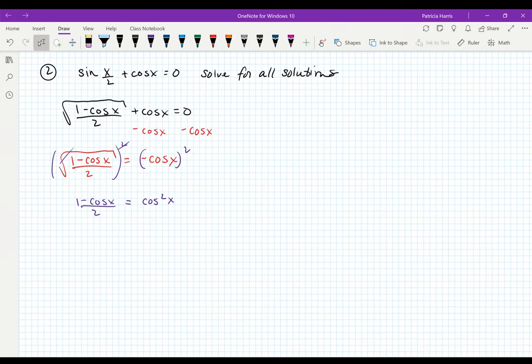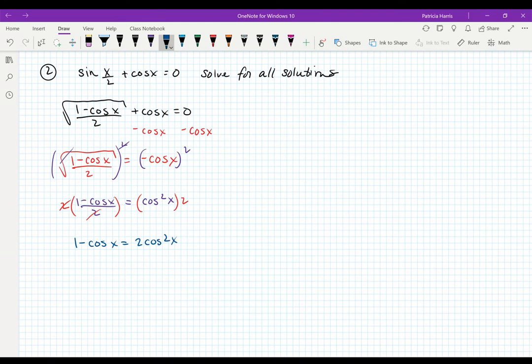Okay, so now I'm going to times both sides by 2. So I have 1 minus cosine x equals 2 cosine squared x. Now this should look like a quadratic to you.